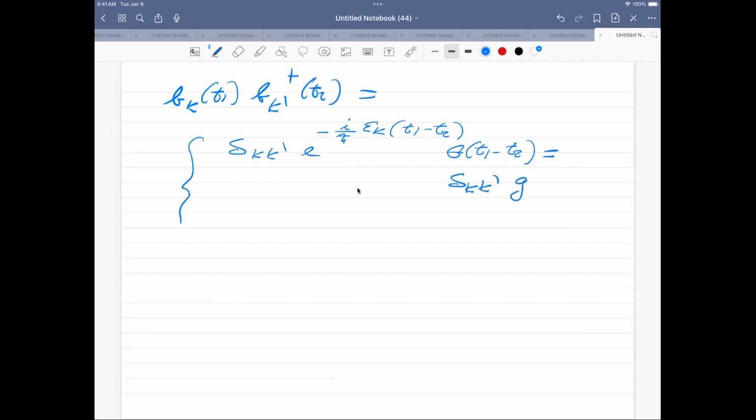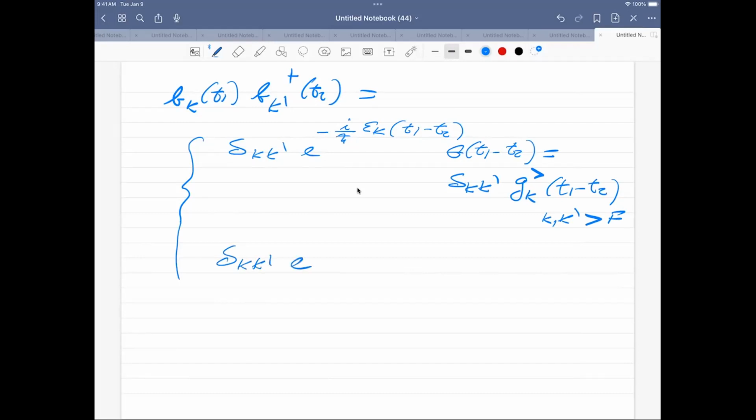And it's common to indicate this function G here with a larger than symbol. So this is going to indicate that these are particles above the Fermi level, and this is given by this function G>(t1 - t2). And this applies to the case when k and k' are larger than k_F. And then I have a next equation, which is a delta_kk'.